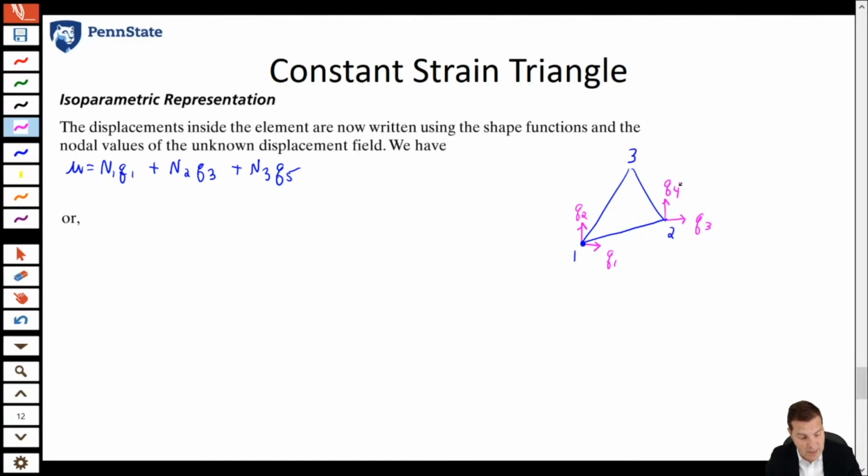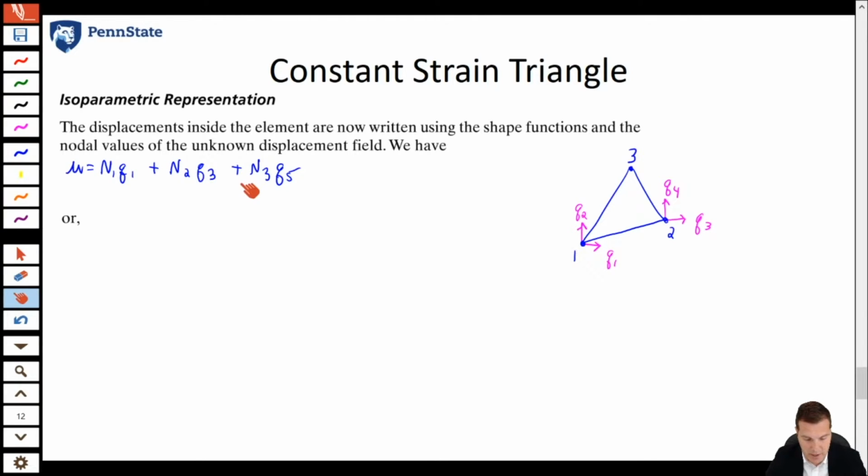So you can see that's why over here we have a 1 and a 3, because it's shape function 1 associated with Q1, the x direction degree of freedom, local displacement value. And N2 is associated with node 2, and Q3 is the x value associated with U for node 2.